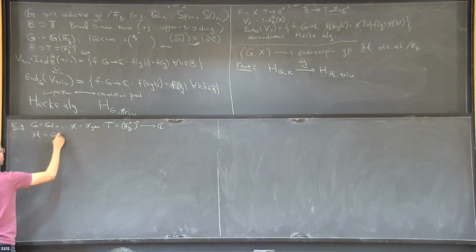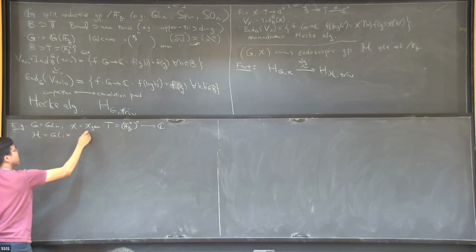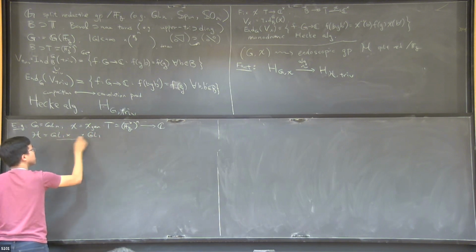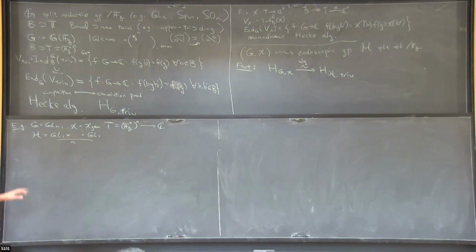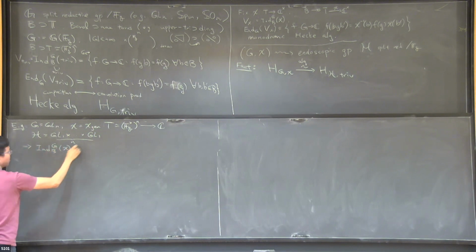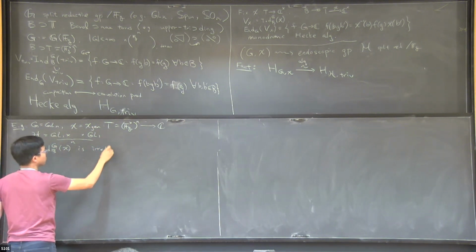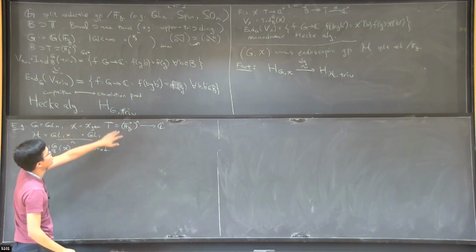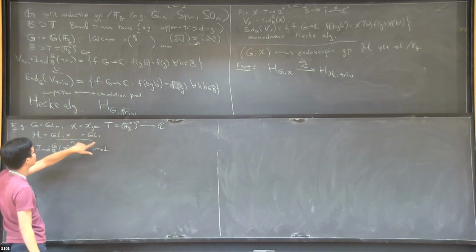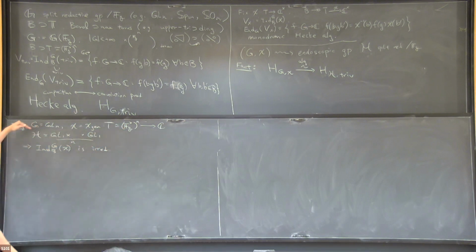It's just a product of copies of GL_1, so it is a torus. In particular, this fact will imply this representation is irreducible, because you could check that the Hecke algebra for the torus basically is trivial.